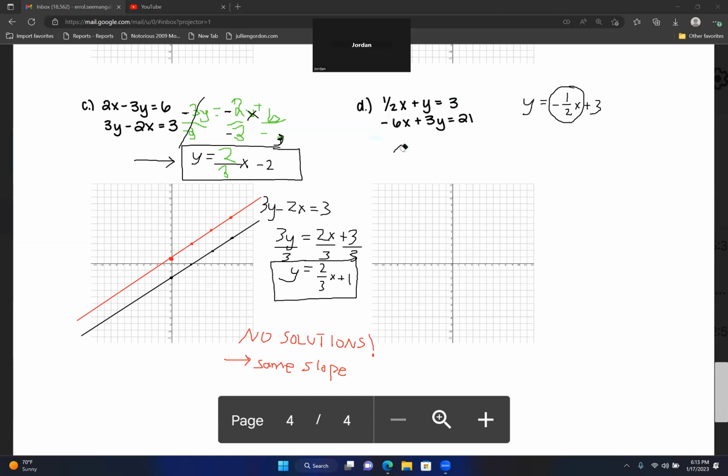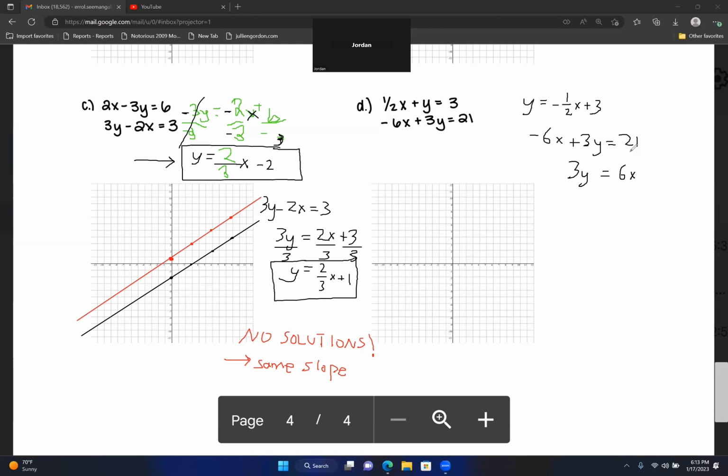Second one. Solve this second one for y. Negative 6x plus 3y equals 21. So 3y equals what? 3y equals positive 6x, plus 21 or minus 21?